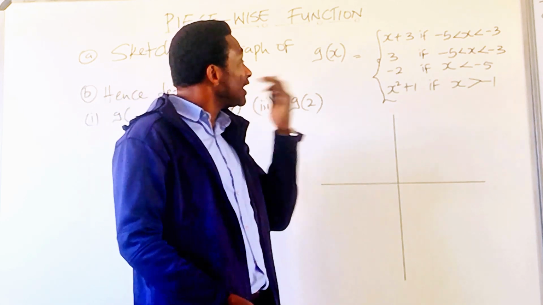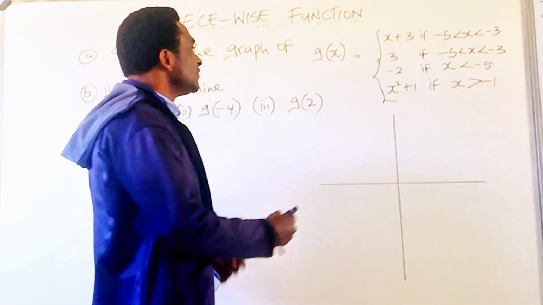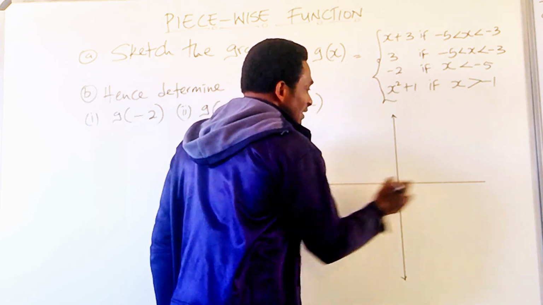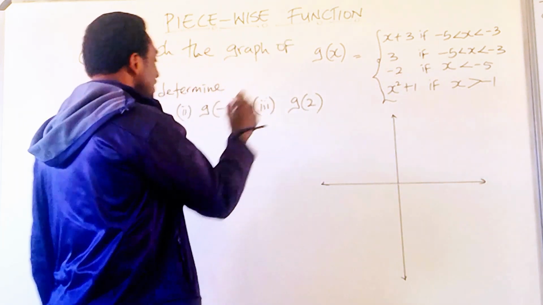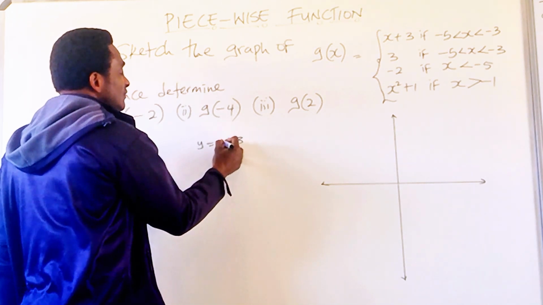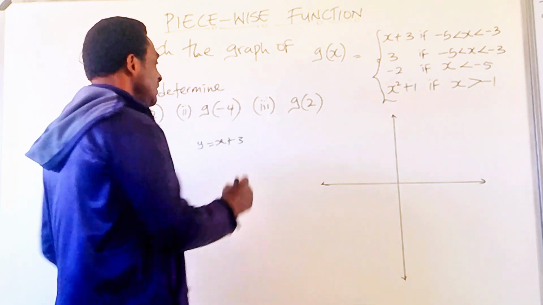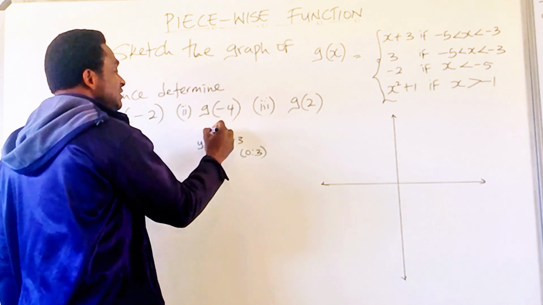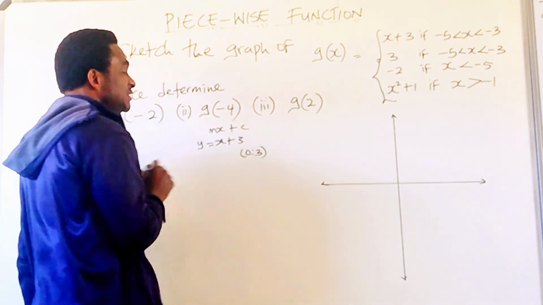So for this graph, we have x plus 3 as the first graph. And the first graph being x plus 3, it means that it's a linear graph. y equals x plus 3. The y-intercept there is 3, because the y-intercept is always c. Remember, the format is mx plus c.